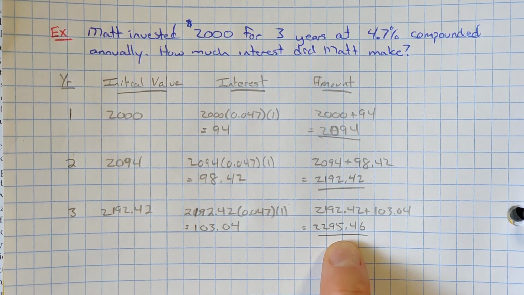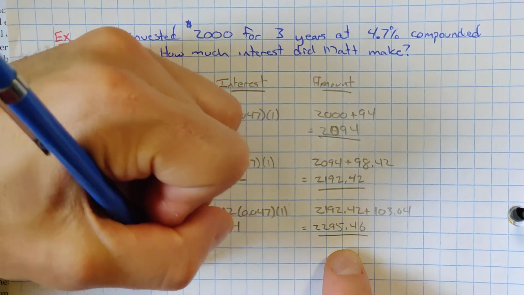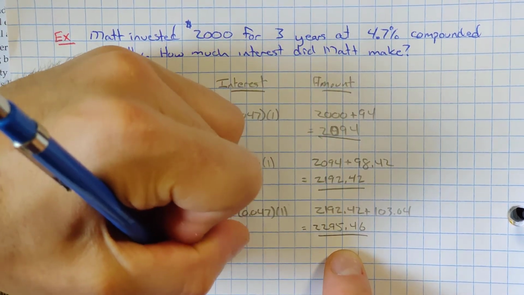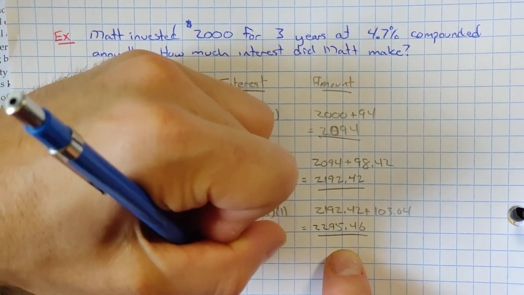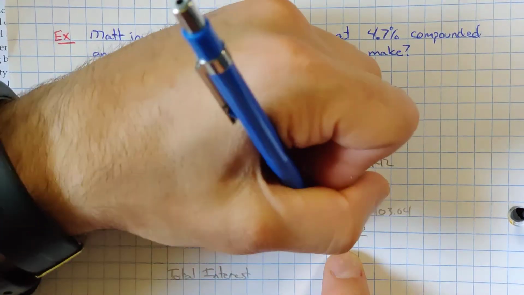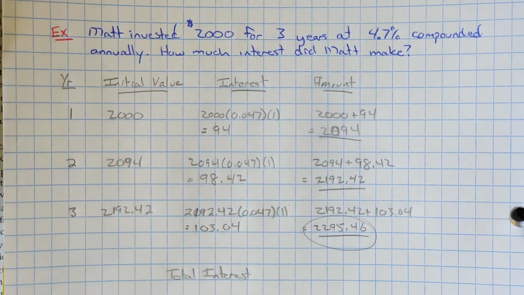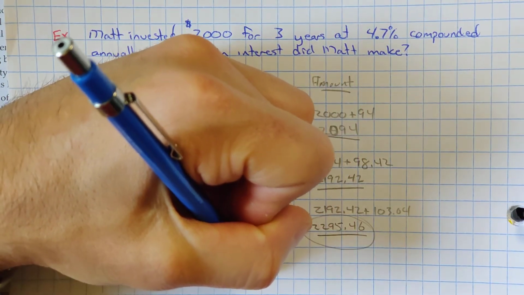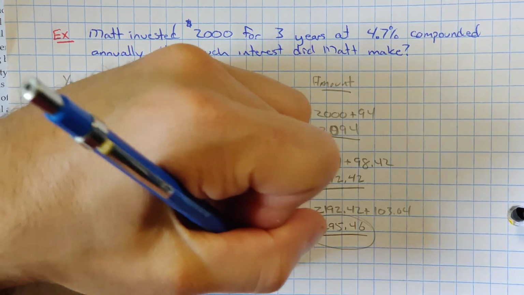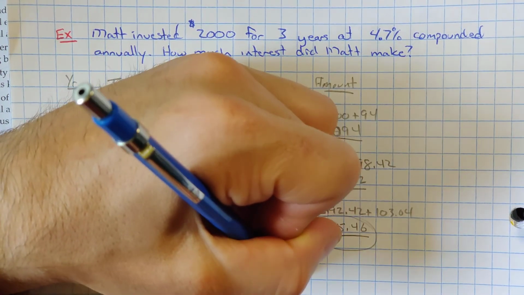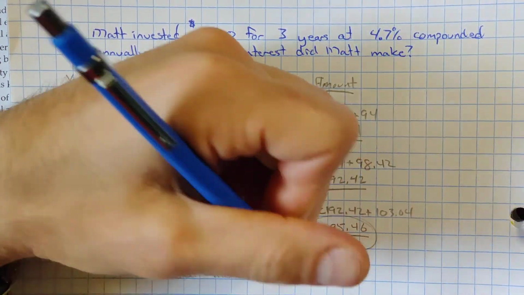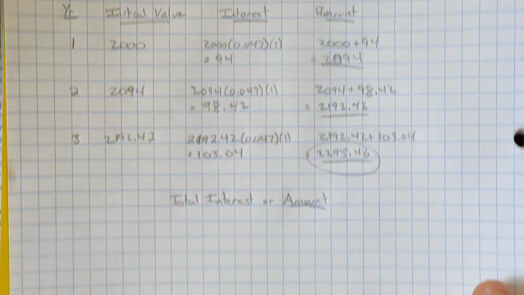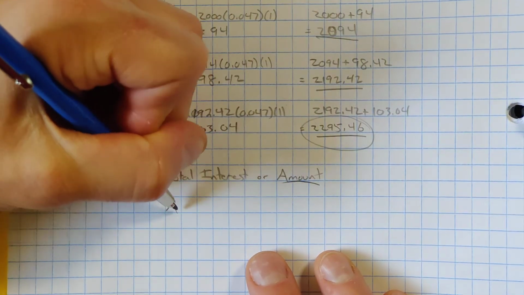Now, how much interest has he earned? So this is how much is in his pocket. His total interest is what we're looking for in this case.